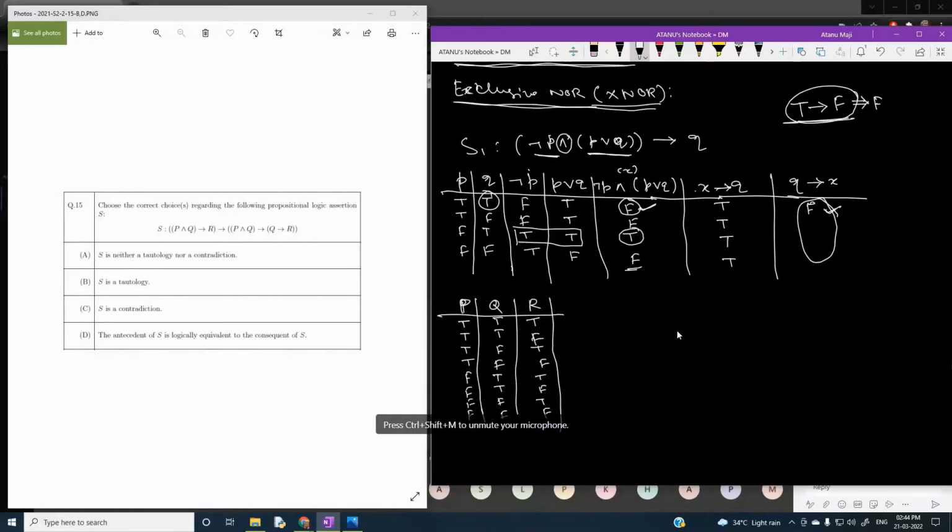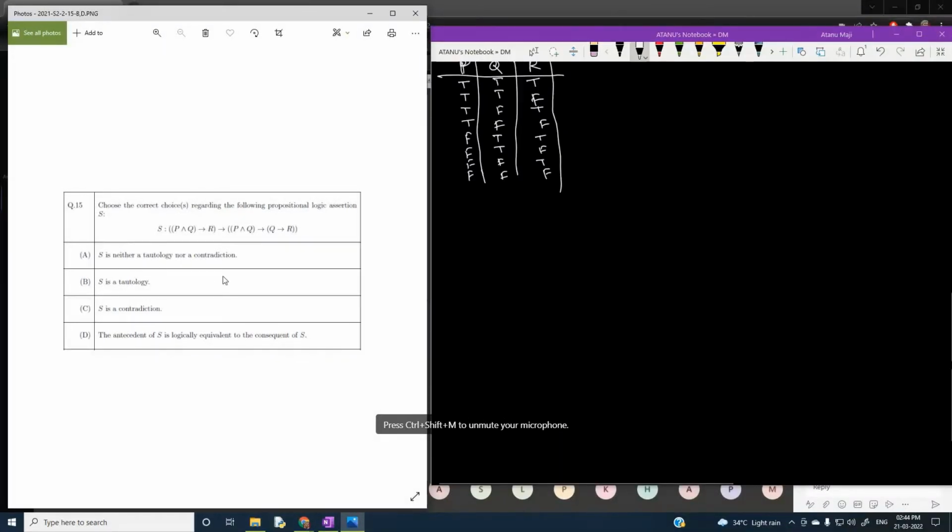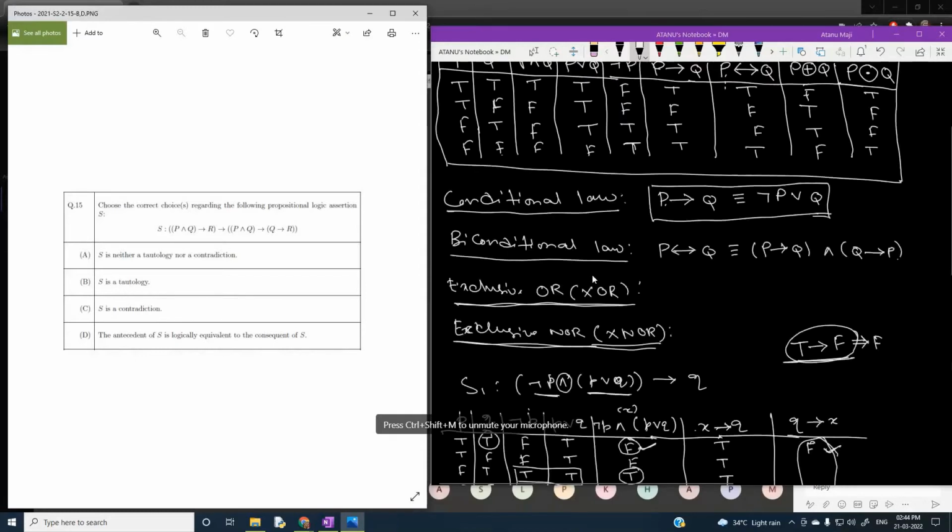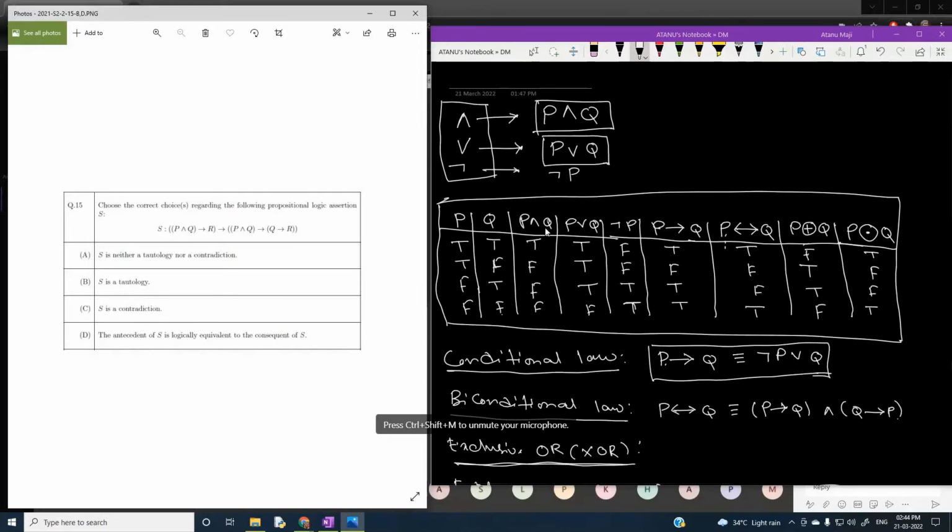So I think you can complete every problem from this truth table portion. I hope you have already studied this thing. So once again, I am trying to remind you that these are the basic properties of truth tables, and for different symbols, different connectives, how the outputs are coming.